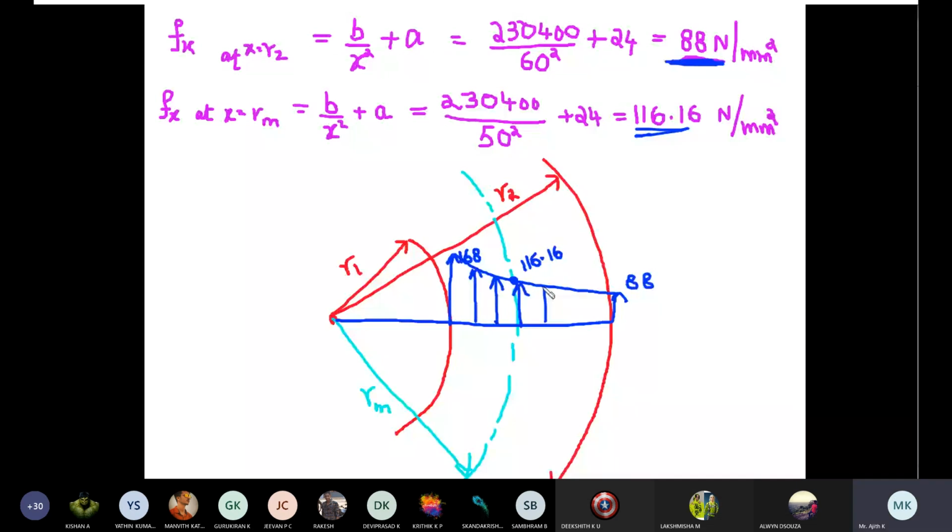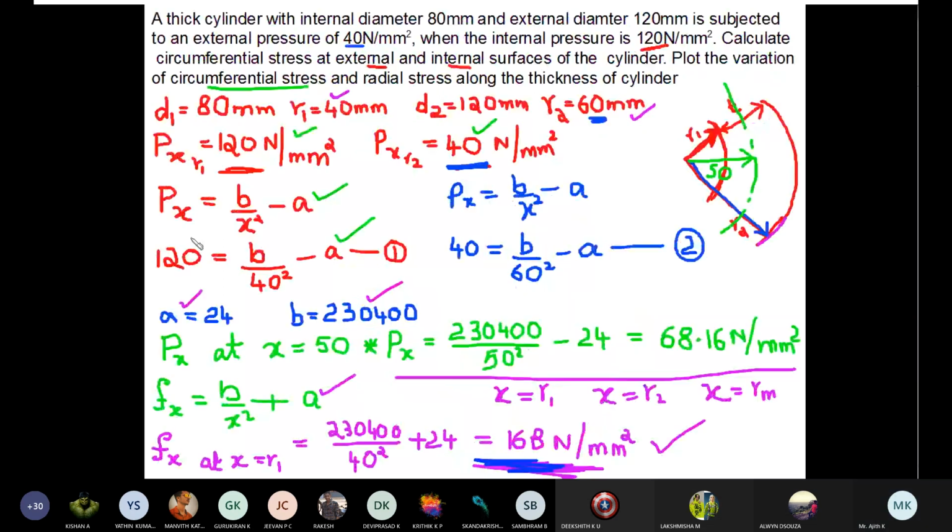Now plotting of px is pending. The fx plot is complete. We'll plot px below this line. For that, I need px at x equal to R1, at x equal to Rm, and at R0 or R2. So px at x equal to R1, it is given in the question, internal fluid pressure, it is 120.